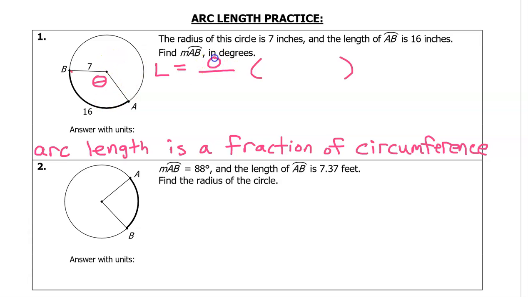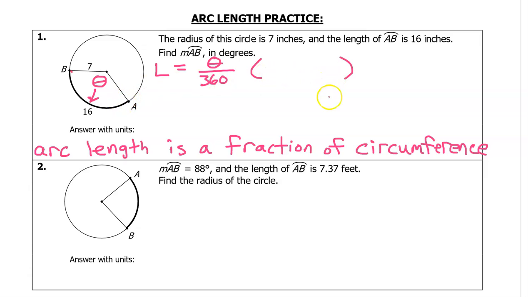So if I say theta over 360, because we know the entire circle has 360 degrees, that's the fraction we're talking about. By the way, the measure of this central angle and the measure of this arc in degrees, those are the same thing.